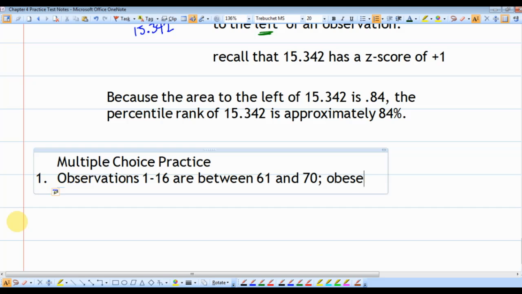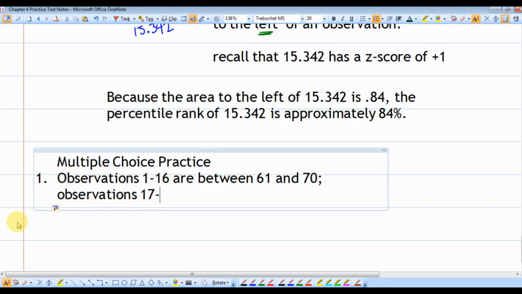Observations 17 through 58 are between 71 and 80.